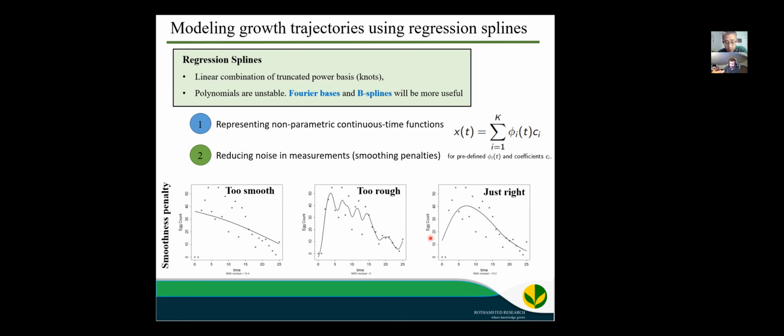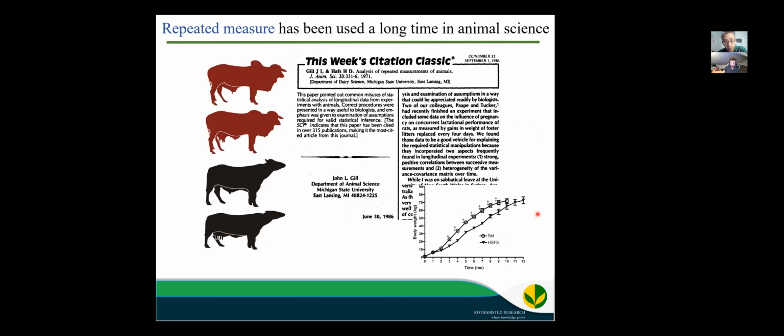And as you can see, you have a very smooth curve, telling much about the projection of the data, as they say, smooth in just the right way. And this is what I can say about regression splines.